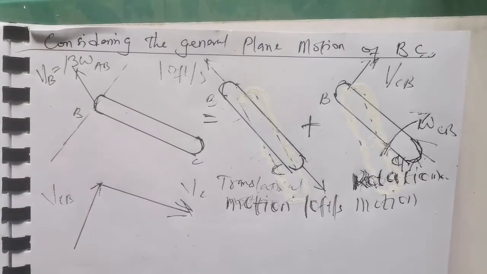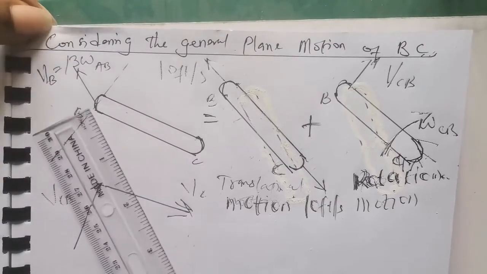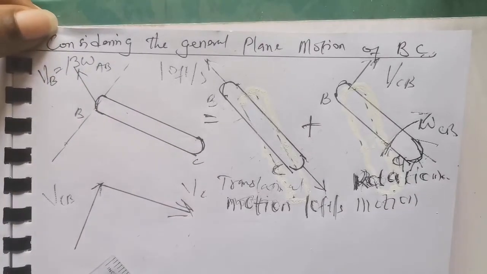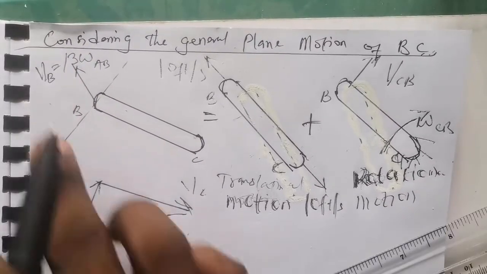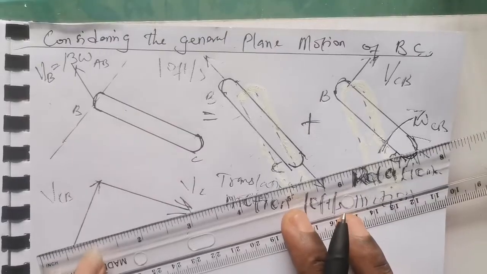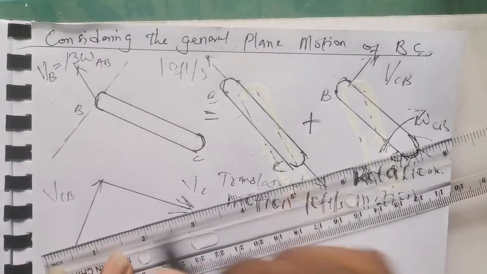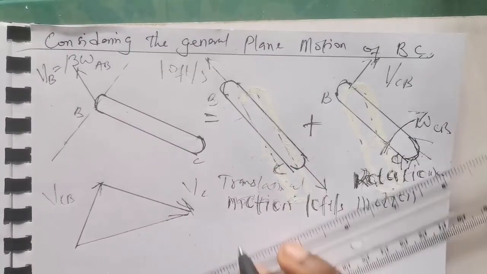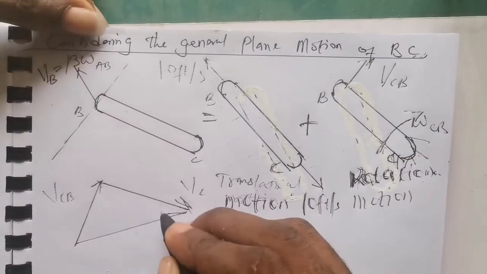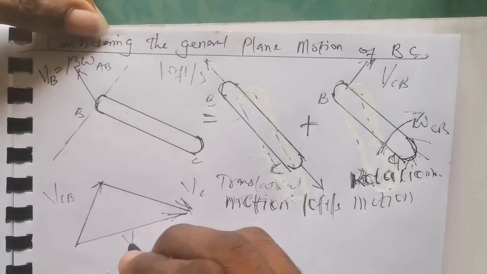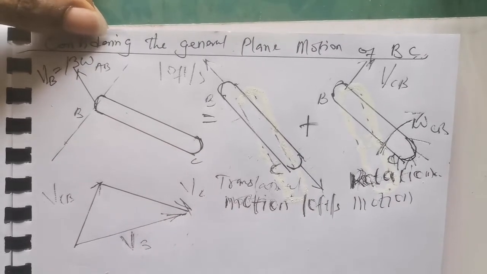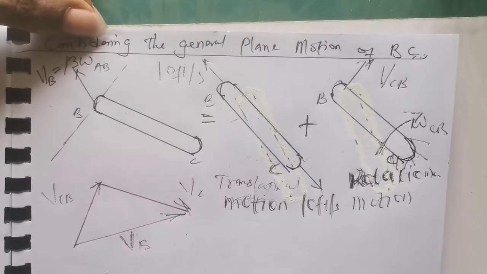Now the line that joins them together is the velocity at B. As can be seen, the velocity here is inclined at an angle. So the joining vector from here to this point is simply the velocity at point B.